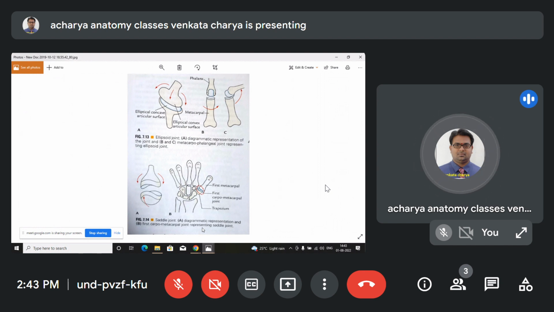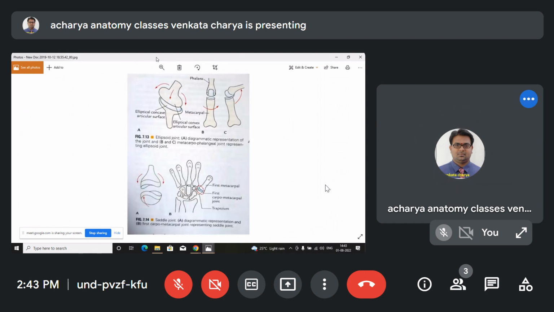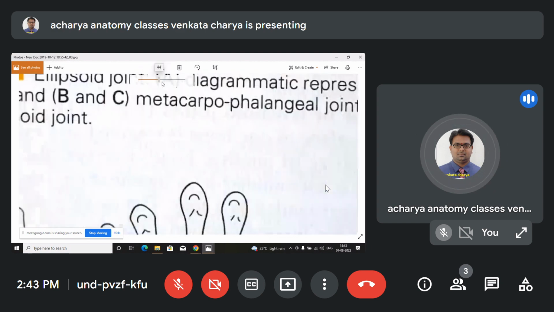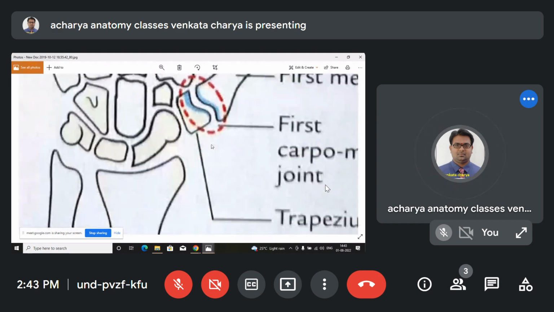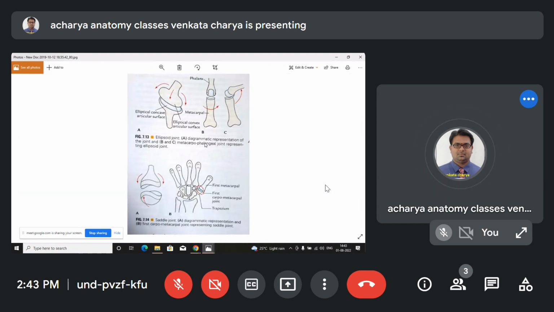It is like a saddle, convexo concave. See here, convexity, concave. Here concavity, convexity. So this type we call the first carpo-metacarpal. It is a biaxial.